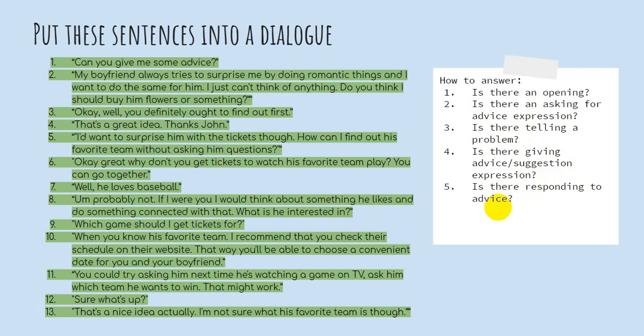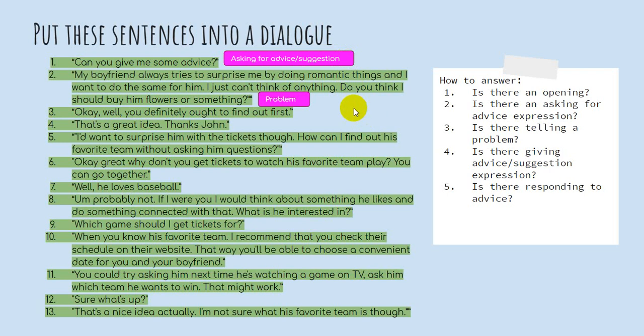Alright, now let's identify some of them. Okay, number 1 is included into asking for advice or suggestion. It means, can you put this in the beginning of the dialogue? Yes, maybe. Just keep it for a while, and then you have to separate this into the first part. Number 2 is included into the problem.